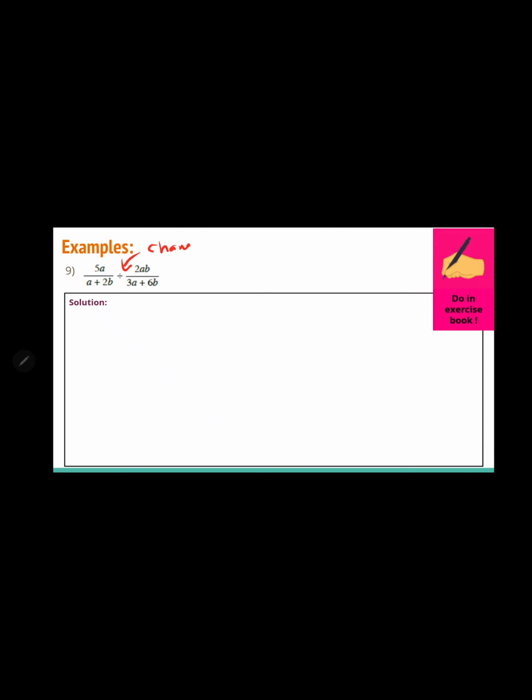So when you change, what happened? We have to make the denominator become the numerator, and the numerator become the denominator. So change to multiply. The denominator becomes the numerator, so I write 3a plus b first on top here, 6, 2ab.